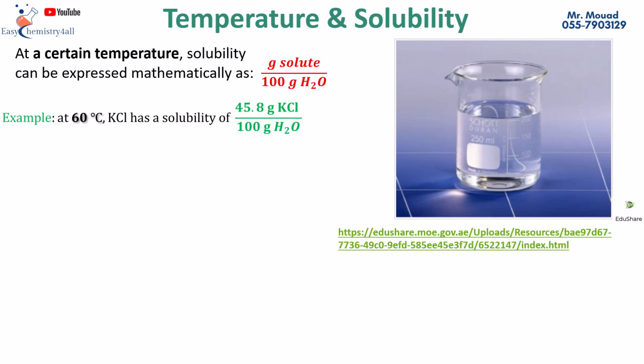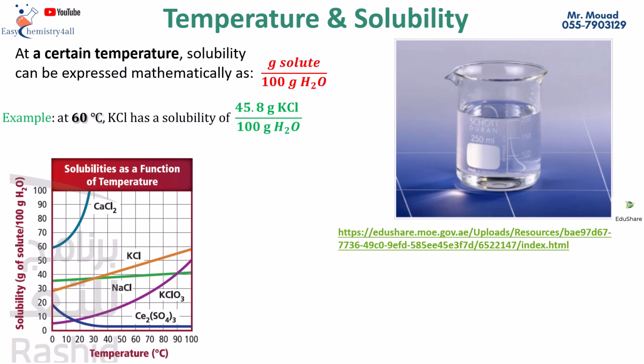Alright, so we learned from the video about solubility curves. So this is a solubility curve for multiple substances. And what is the solubility of NaCl at 80 degrees Celsius? So here's the curve for NaCl, the green one.